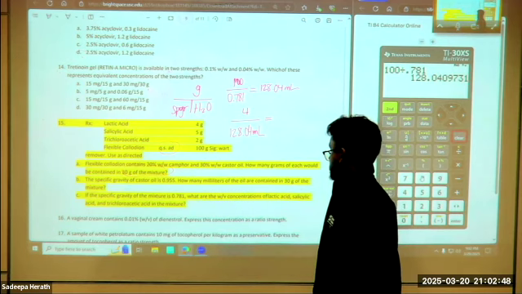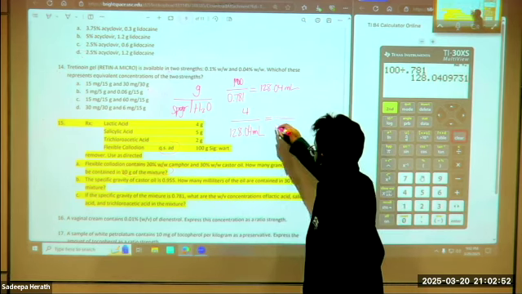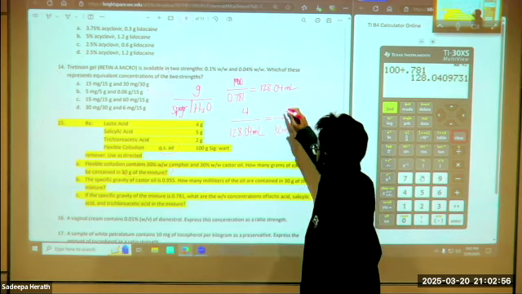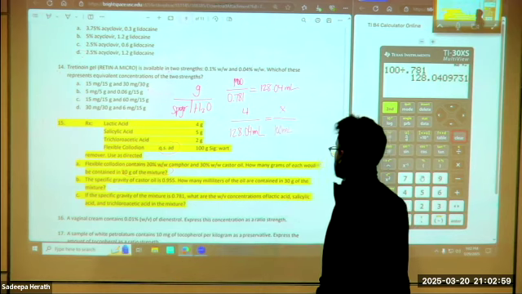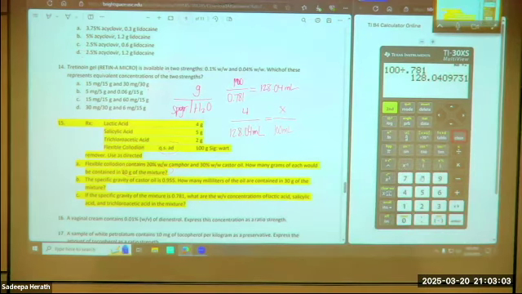So what is the weight to volume concentration? We know that weight to volume is something over 100 mL. So we just need to solve for x. That becomes 100 times 4 divided by 128.04.